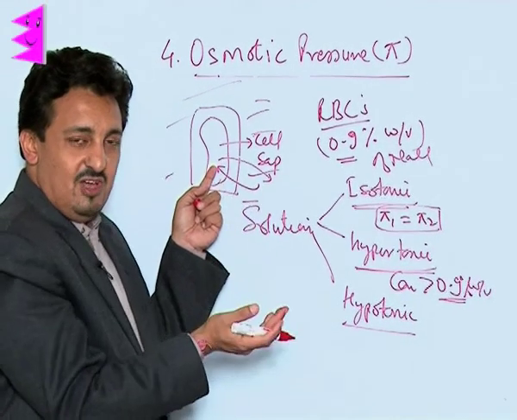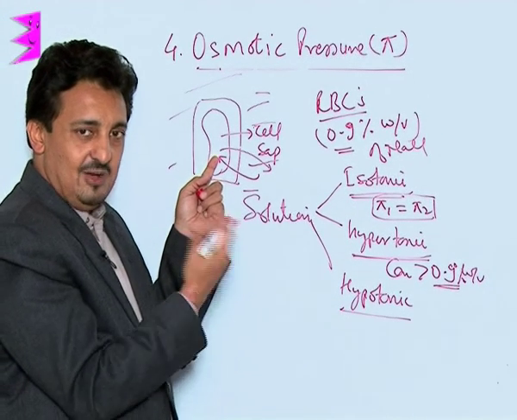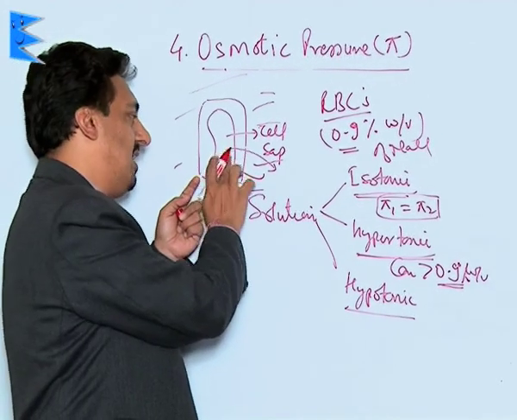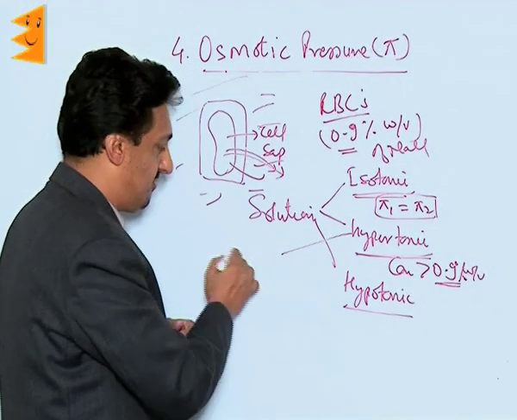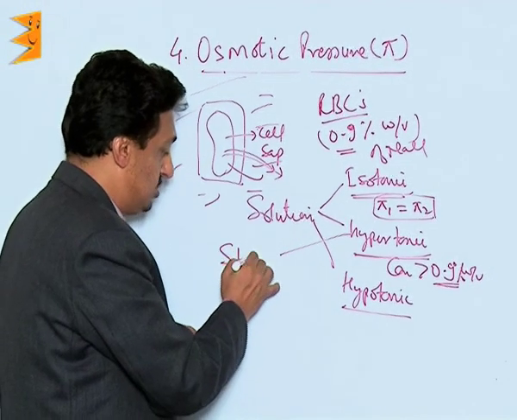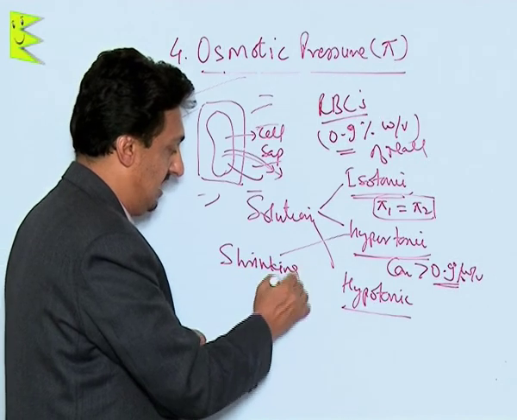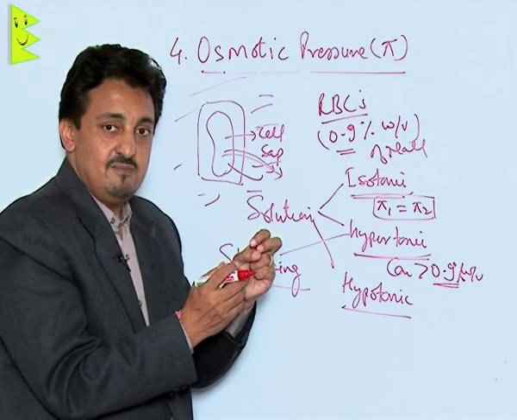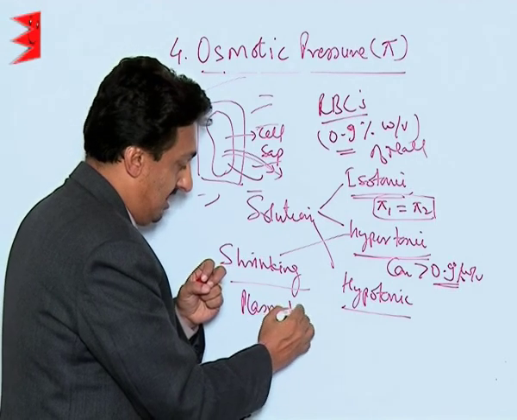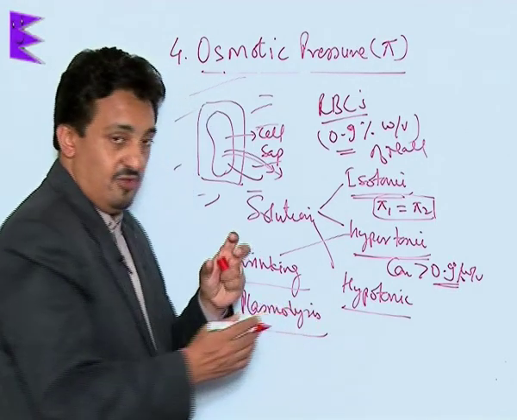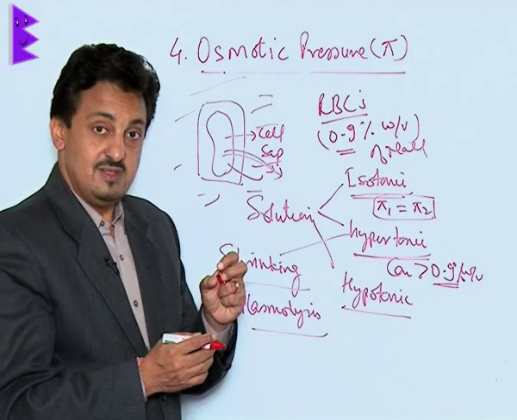So more of the solvent is present inside the cell than outside, and water starts coming out of the cell. This results in hypertonic solutions causing shrinking of the cells, which is also called plasmolysis. Shrinking of the cells, or plasmolysis. This is what it is called.